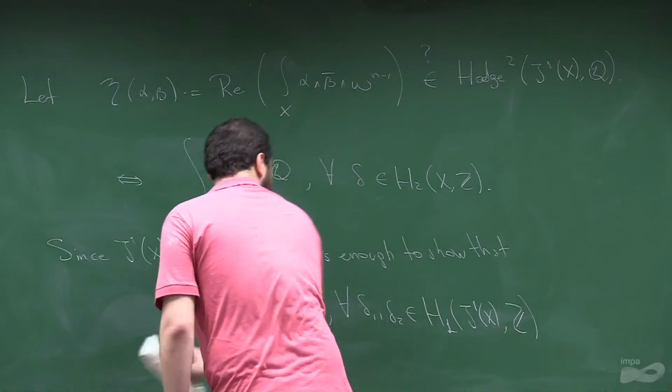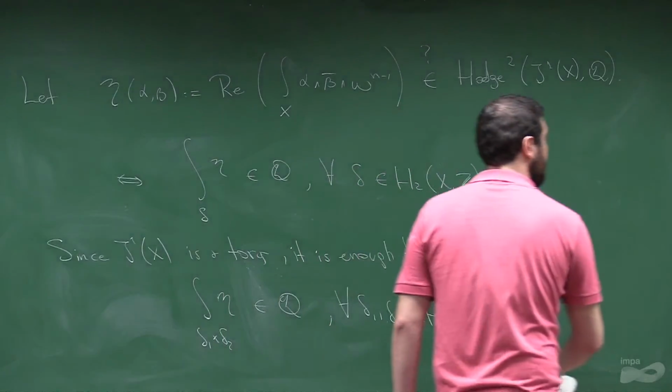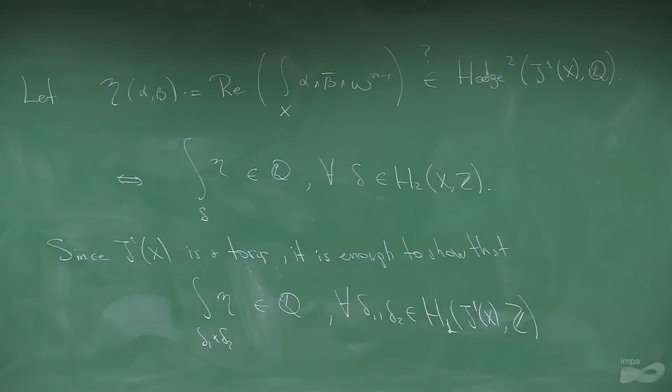So this is equal to, under the identification, H1 of the Jacobian with integer coefficients.